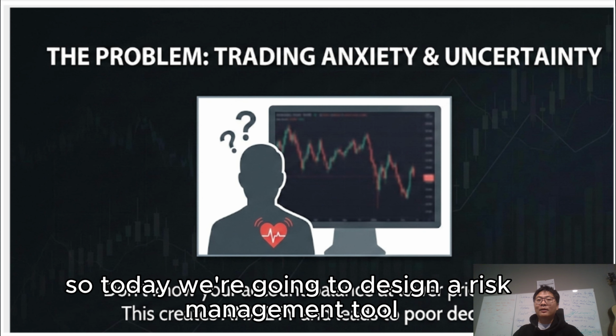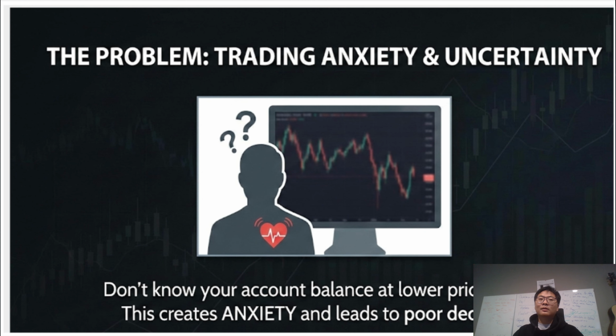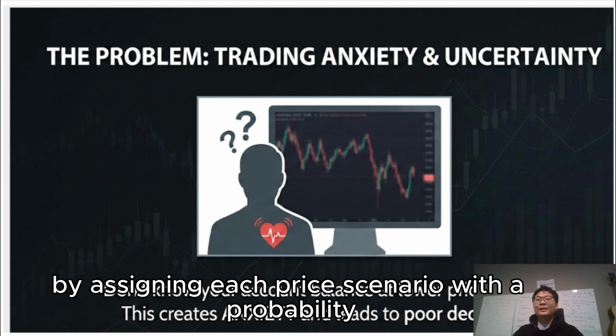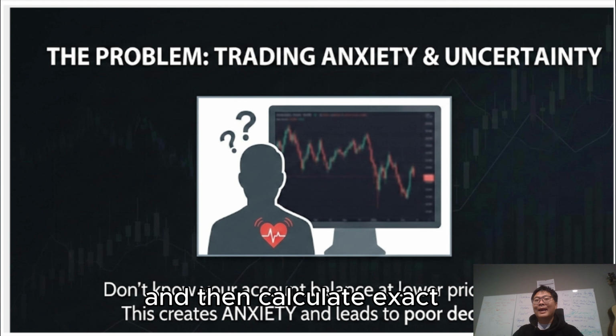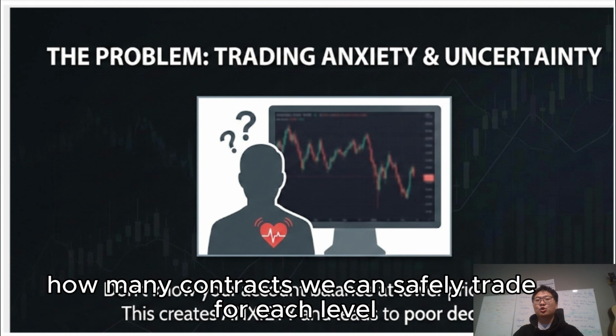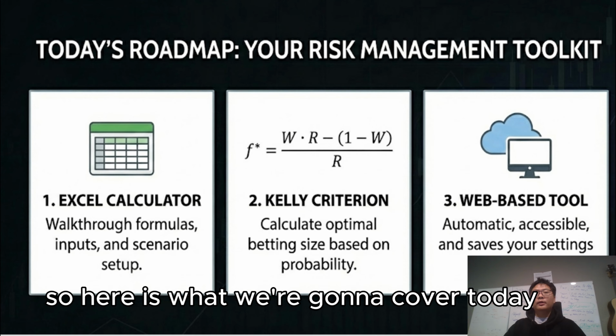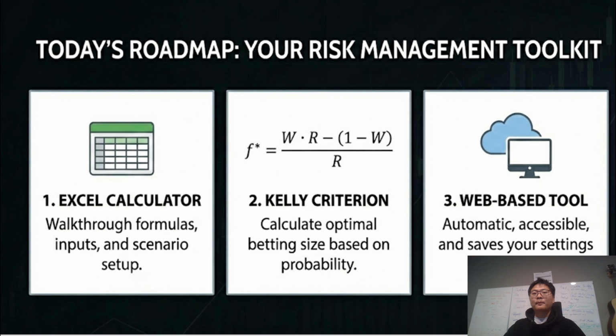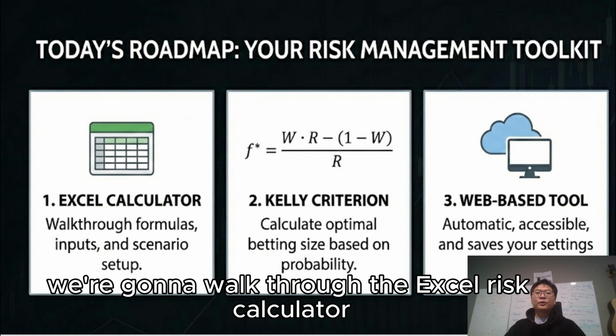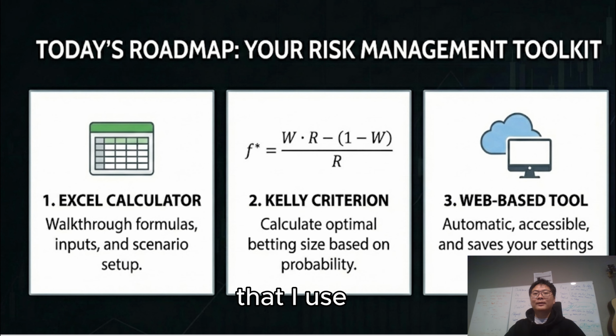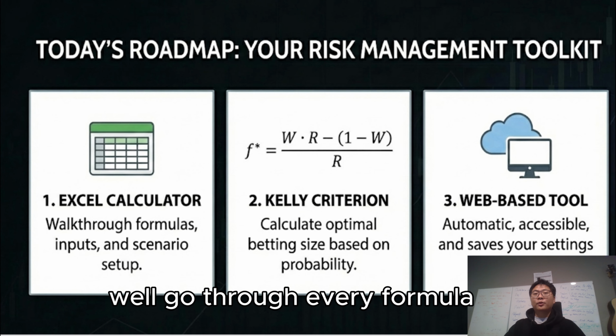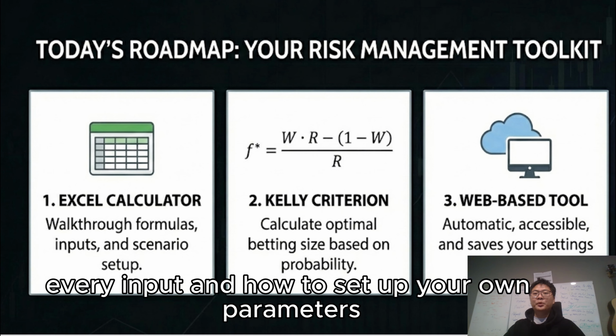So today, we're going to design a risk management tool with Excel by assigning each price scenario a probability, and then calculate exactly how many contracts we can safely trade for each level. So here is what we're going to cover today. First, we're going to walk through the Excel risk calculator that I use. We'll go through every formula, every input, and how to set up your own parameters.